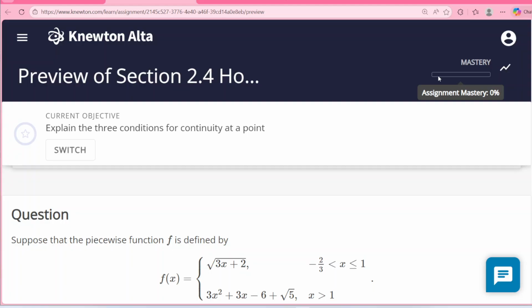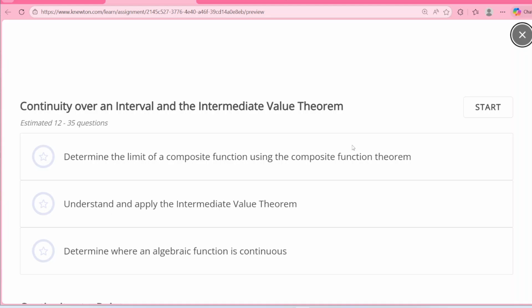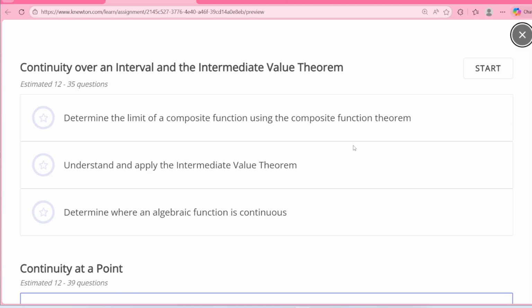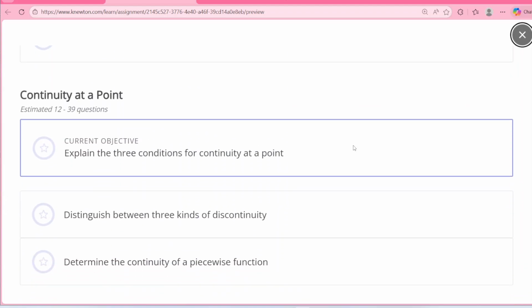It tells you how far along you've gotten in the assignment. Next to that is an activity log. Click on that, and you can see all the objectives. This assignment has 6 objectives, broken up into 2 parts.